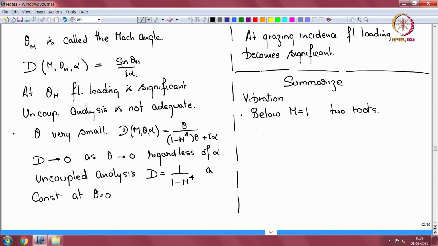Okay, one is a subsonic root, one a complex root, neither produces sound.